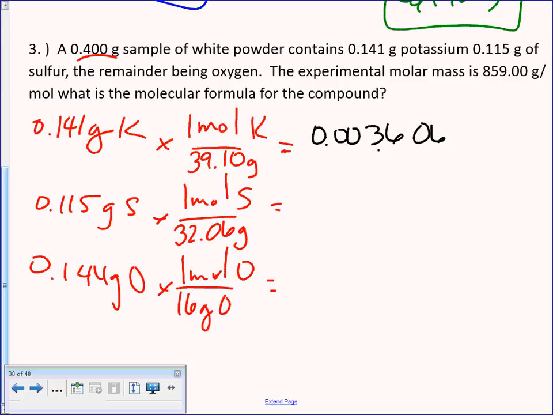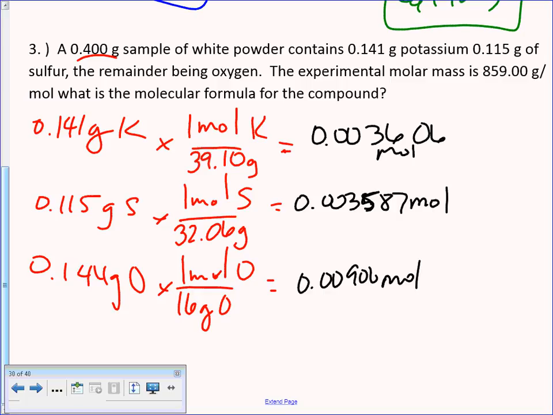I'm stopping here. That's moles of potassium. Gia, you get me next. 0.003587. I'm just extending these decimals out so we don't have rounding error. Ben? 0.009. I think it's like 0.00 if you had more digits recording on your calculator.